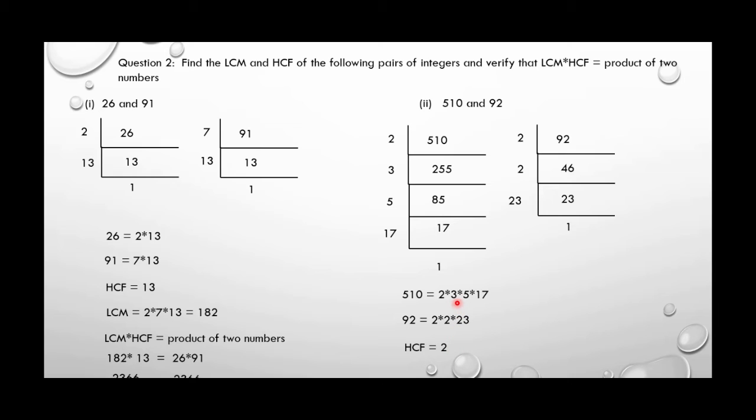That is LCM equal to 2 into 3 into 5 into 17 into 23 into 2, which will give us 23,460. Now I request you to verify that LCM into HCF equals the product of two numbers, where you will get 46,920 on both sides.